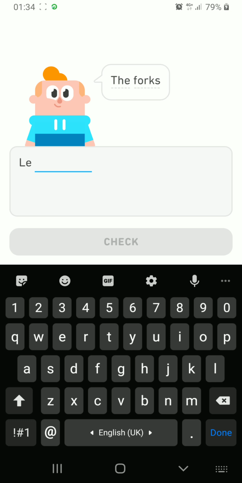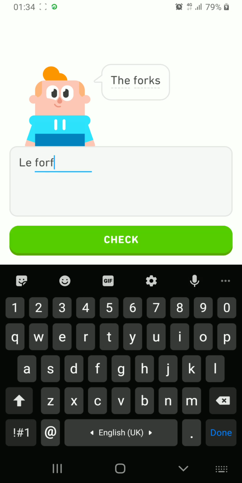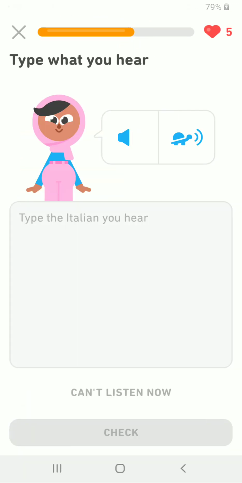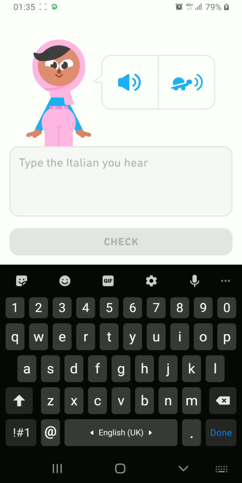Duolingo is working a little bit slowly, but let's try to do it. Forchette, double T-E. Come on, it's bugging a lot here. Le forchette. That's good.